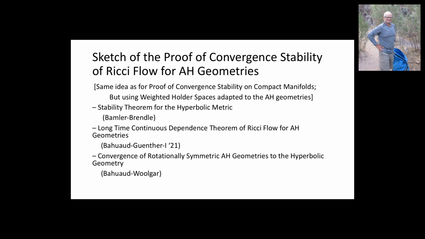Then we need to prove long-time continuous dependence for the Ricci flow for asymptotically hyperbolic geometries. And again, this is very recent work with Eric Bahuaud and Chris Guenther. And then we're also relying on the result of a few years ago, which proves the convergence of rotationally symmetric asymptotically hyperbolic geometries to the hyperbolic geometry, work by Eric Bahuaud and Eric Woolgar.